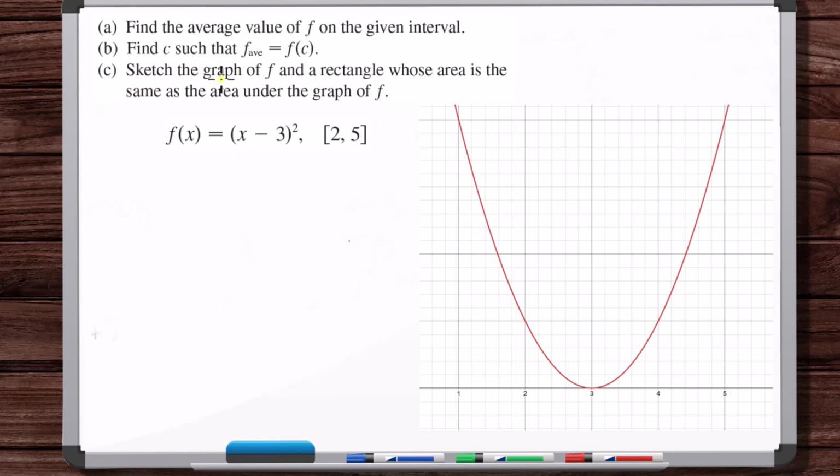All right, now sketch the graph of f in a rectangle whose area is the same as the area under the graph of f. So this is the geometric interpretation of the mean value theorem of integration, which we can only really do when the function is positive over the interval, and this one is. So the mean value theorem states that you have f of c is equal to this f average.